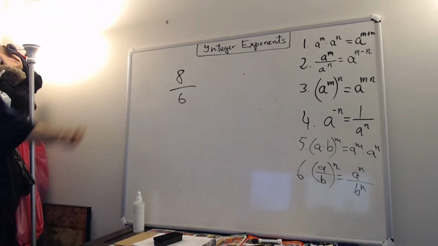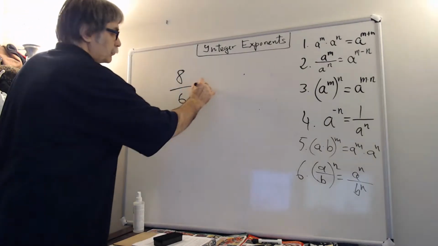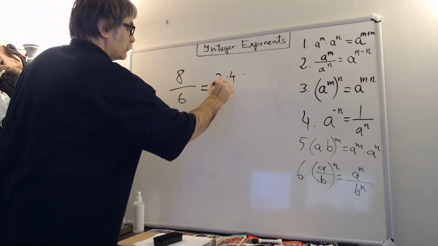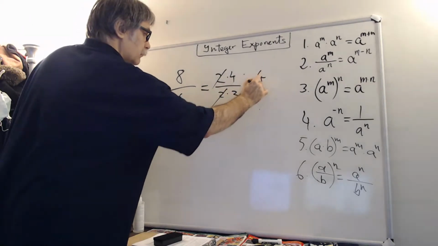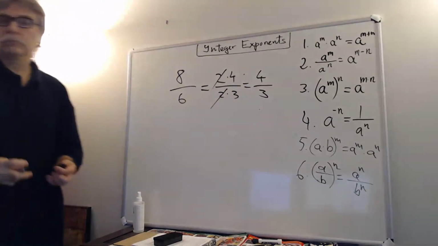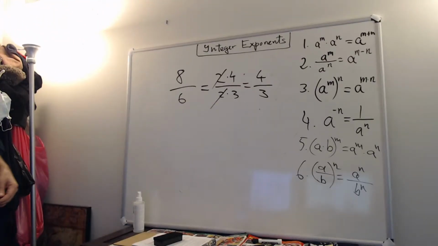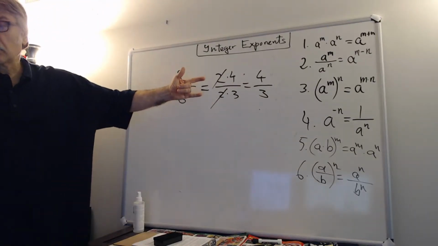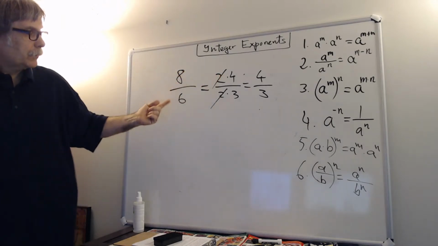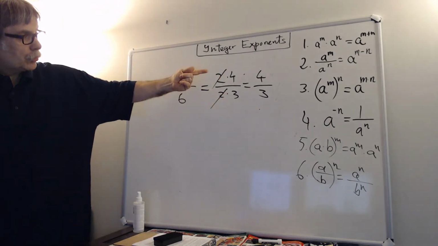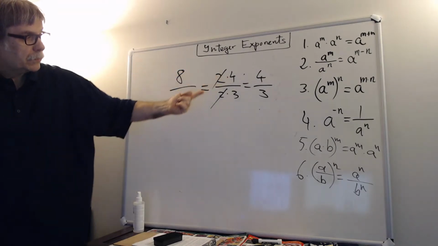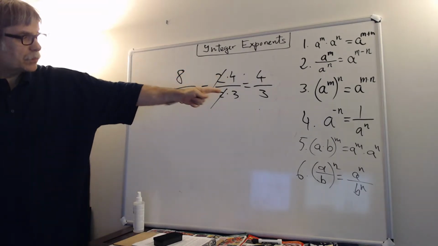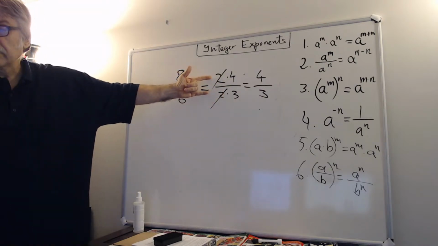Now, you want to make this simpler? What are you going to do? Canceling common factor. 8 is 2 times 4. 6 is 2 times 3. Two factors. It's multiply. Common factor.